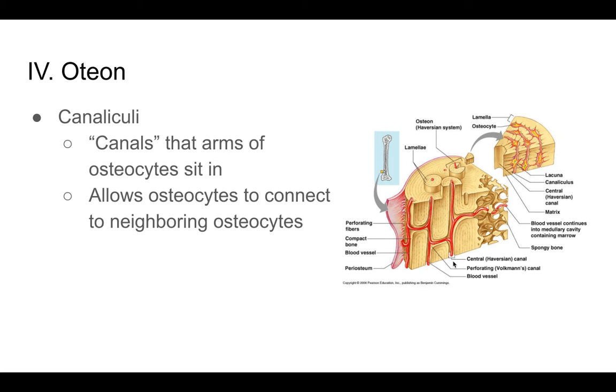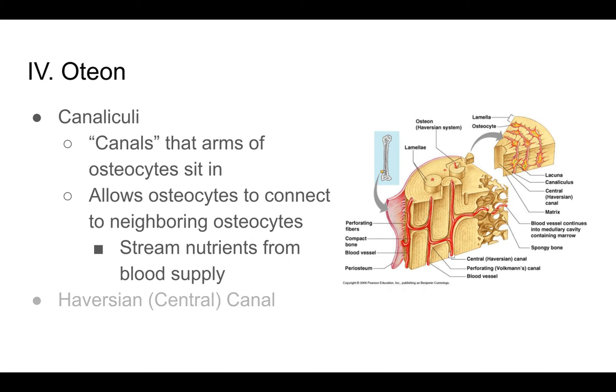The cells are trapped far away from any sort of oxygen, CO2, blood supply exchange source, so they have to reach out their arms to connect to neighboring osteocytes to stream nutrients. The canaliculi are really important to give those osteocytes the opportunity to reach out.